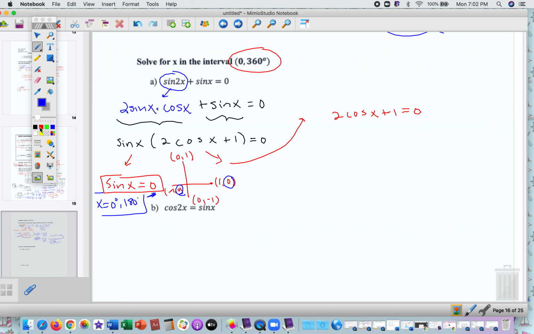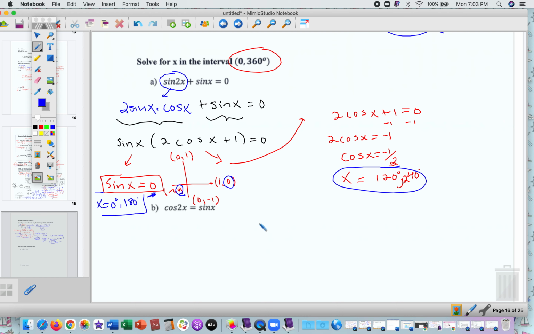If we come over here on the right, we need to subtract 1 from both sides. So we have 2 cos x equals negative 1. We divide both sides by 2, so we have negative 1/2. When we spin around the unit circle, where is cosine negative 1/2? We see that the cosine is negative 1/2 at 120 degrees and at 240 degrees. So we have 4 values, 0, 180, 120, and 240.